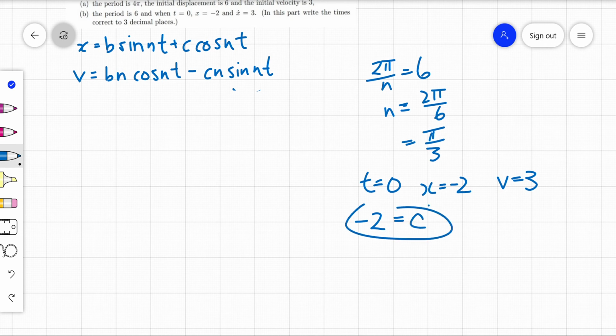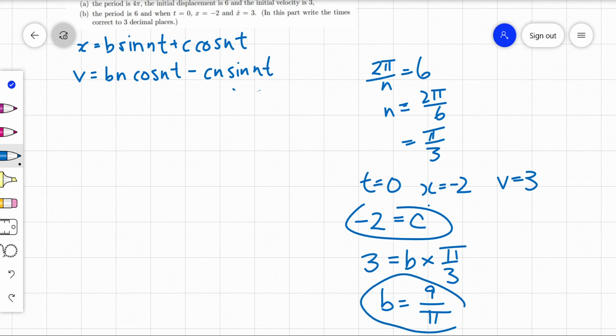Let's get the velocity equation. So when v equals 3, we just have the bn because cos 0 is 1. So we have b times n, and n is pi on 3. So b would have to be 9 on pi if we solve for b. So let's put those back in. We only actually need the x equation.